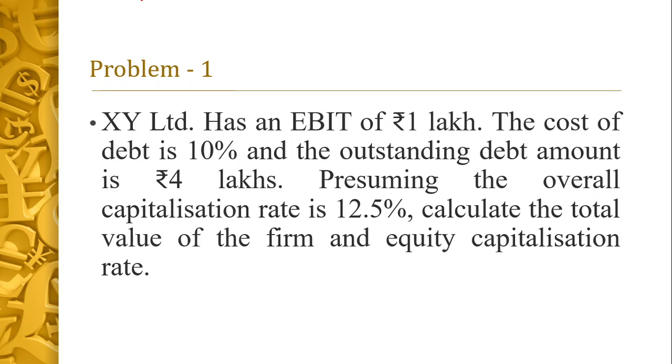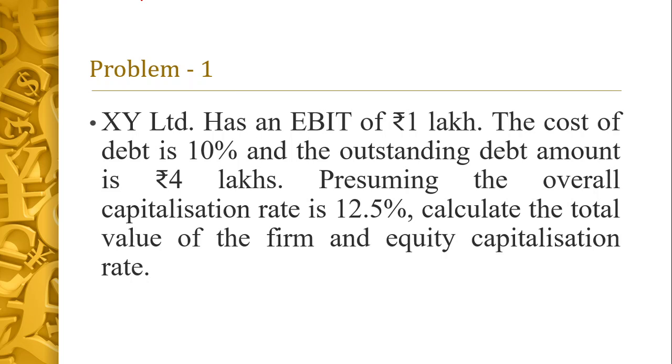What do they need in the form of an answer? Yes, first one, the value of the firm, V. The next one is KE, cost of equity or equity capitalization rate. When we studied the theory, had the formulas been given? Yes, for V and for KE, only for 2.